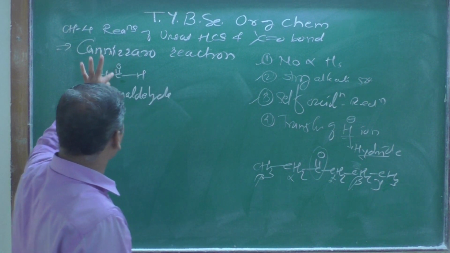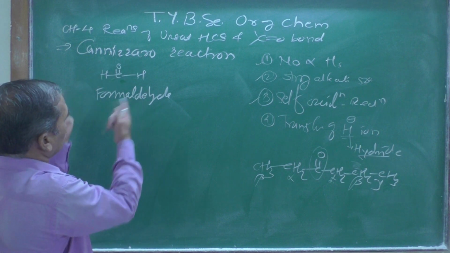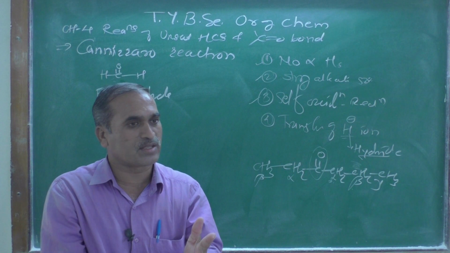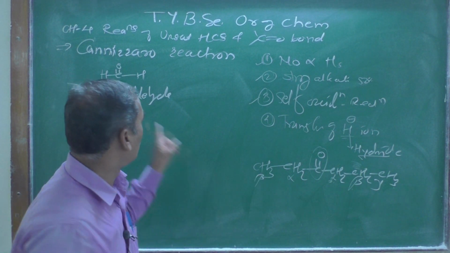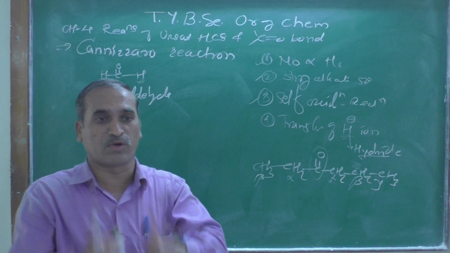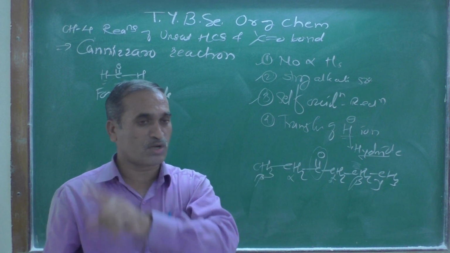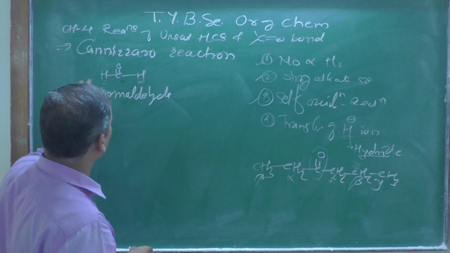Now look at this carbonyl group. After leaving that, there is no adjacent carbon atom, and therefore there is no question. Don't count these hydrogen atoms directly attached to the carbonyl group; they are not referred to as alpha. Most of the students get confused and count these as alpha.